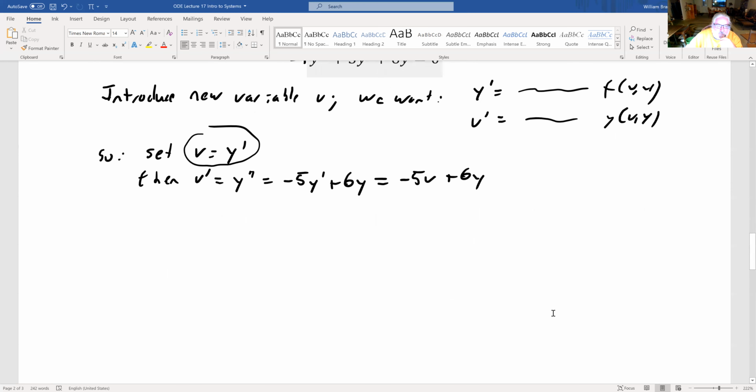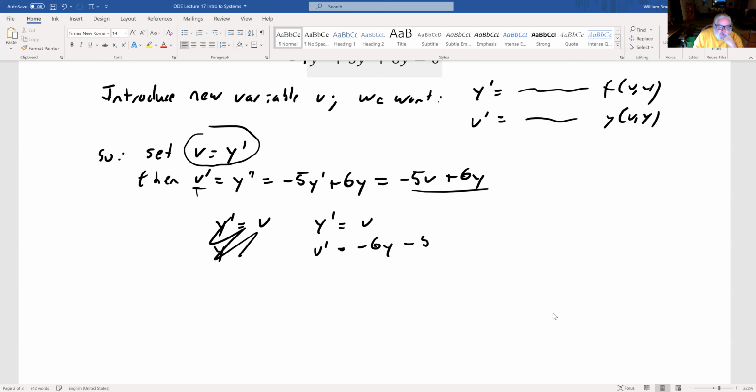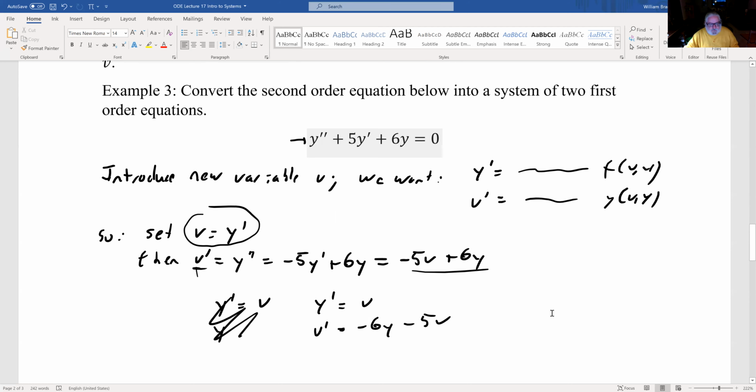So what's our system of equations? y prime equals v, v prime equals, that's here, all of this, minus 6y minus 5v. And so that gives us a way to think about second order equations in terms of a system of two first order equations.